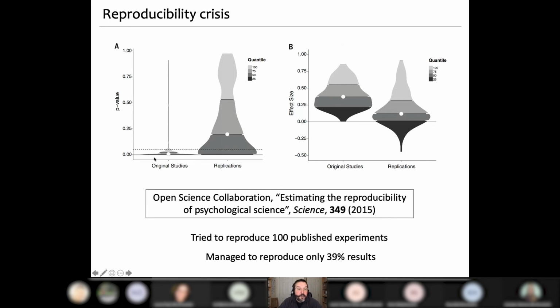In original studies, all p-values are less than 5%. In replications, we are all over the place. And this is the effect size, defined in the same way. Effect sizes are positive, quite large here, while in replications, the effect size again is negative, positive, or zero. They managed to reproduce only 39% of published results.